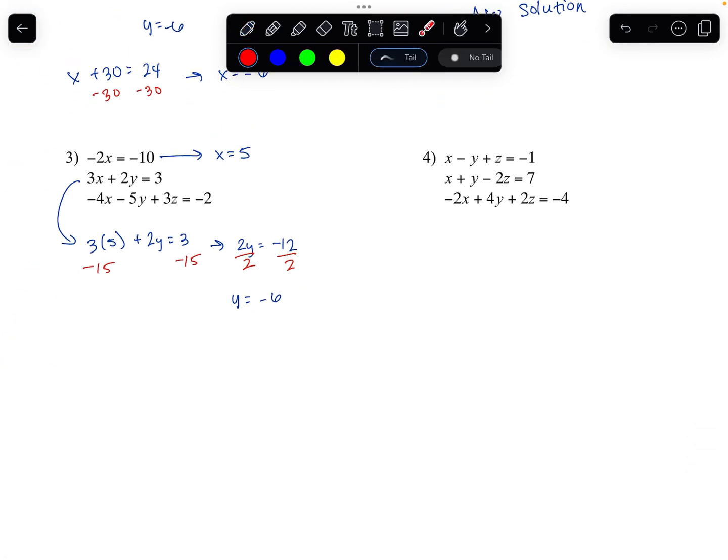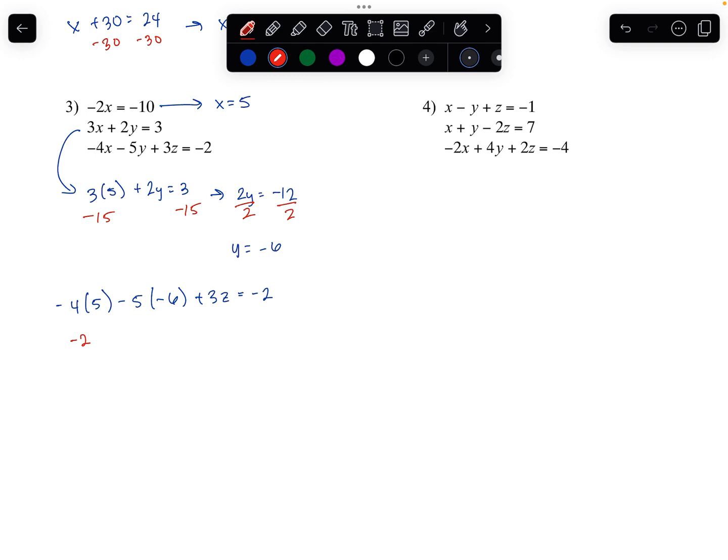Alright, so now that I have y and I have x, I can finally use this last equation. Plug in 5 for x, plug in negative 6 for y, and then I can solve for z. So negative 4 times 5 minus 5 times negative 6 plus 3z is going to be equal to negative 2.